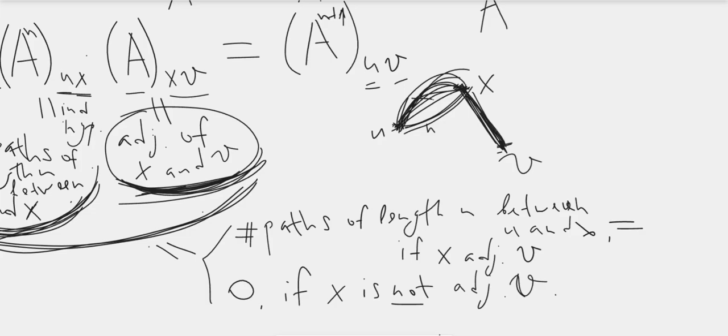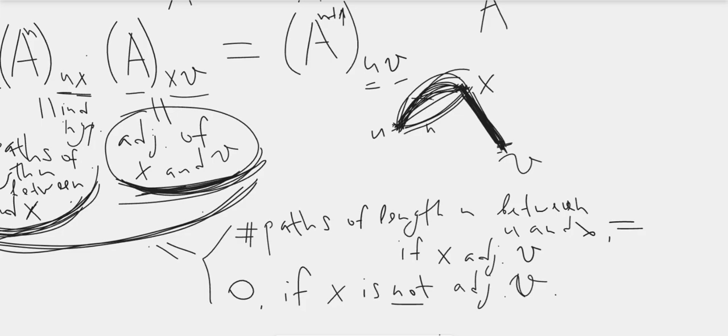Now we get a path of length n plus 1, since we added one edge. It's not that it passes through x somewhere in between, but that the last step is from x to v, right?